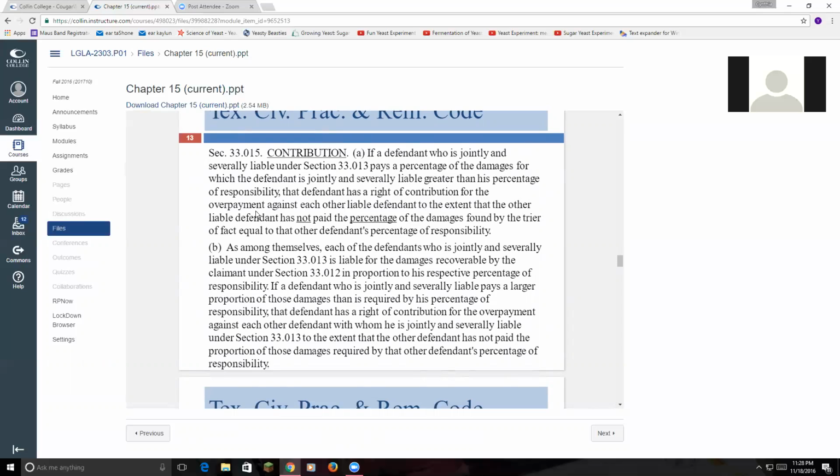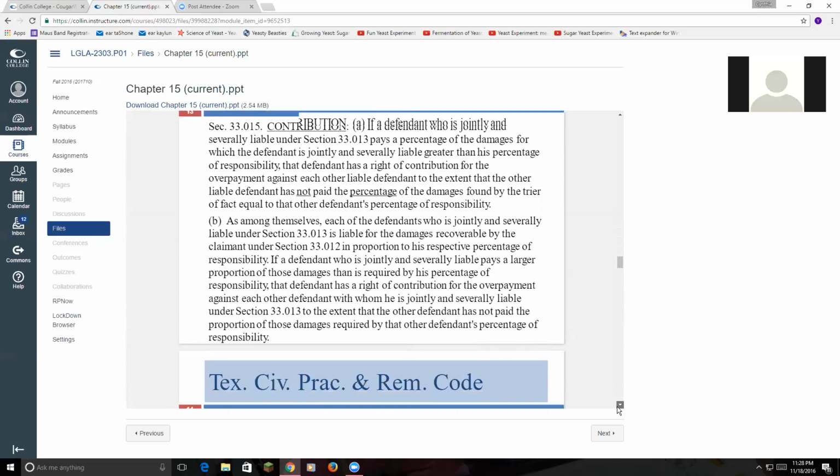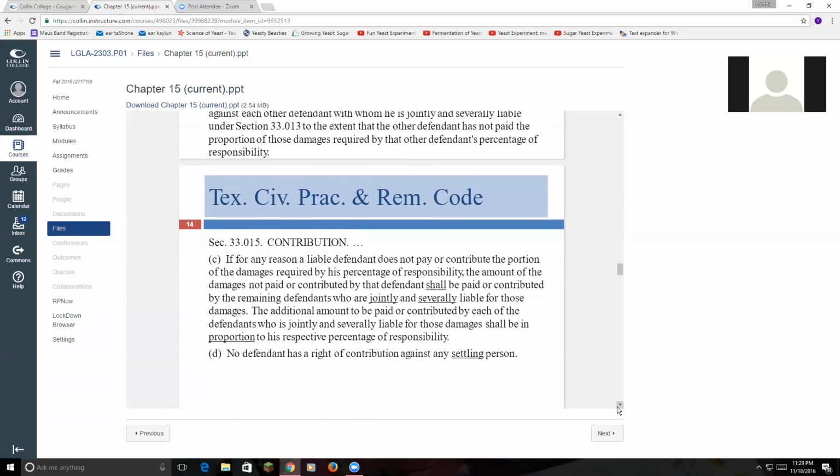So if David hasn't settled in this scenario, and all that he has paid is his own percentage, but he hasn't contributed toward Ann's percentage, and in fact, Bob paid all of Ann's percentage, well, yes, David does owe Bob his pro rata portion of Ann's liability. And of course, Ann still owes it too.